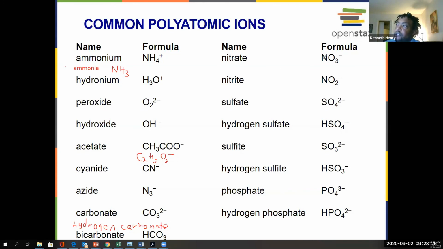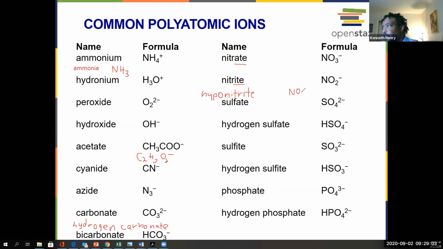Nitrate is NO3 minus. Nitrite is NO2 minus. So ate would be what it standardly is. ITE means you're losing 1 oxygen. And if you go hyponitrite, that's going to be NO minus.